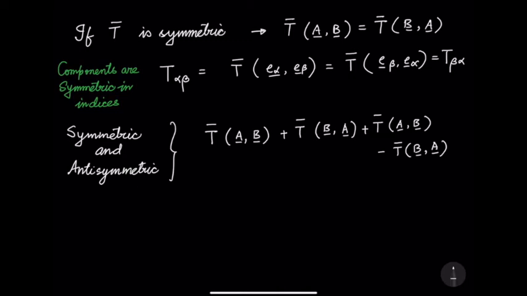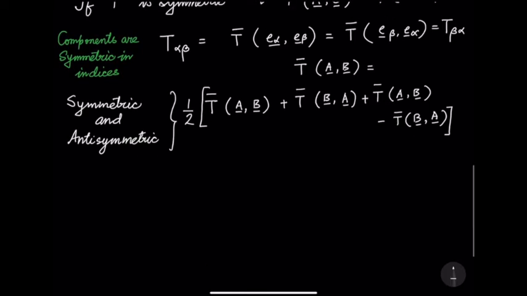This entire thing is twice the tensor T, so I can write the tensor T as half of this. BA is taken positive once and then subtracted out, so there is no harm.